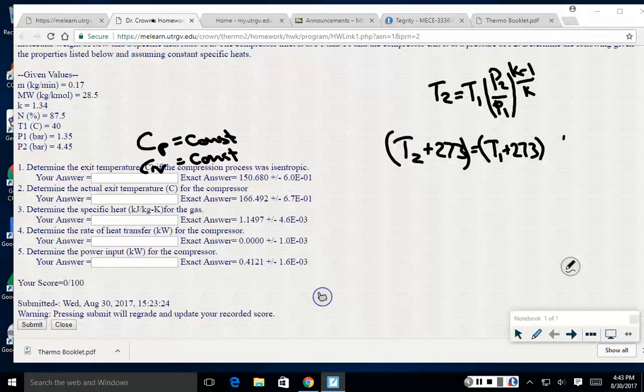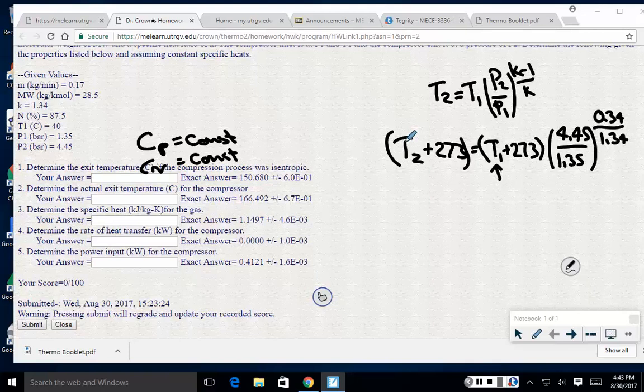4.45 is P2 divided by 1.35 is P1, and my specific heat ratio K is 1.34, so 0.34 divided by 1.34, and if I do that and put in T1, which is 40, I'll end up with solving for T2 in degrees C, which will give me 166.49.